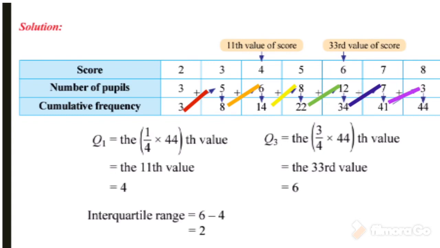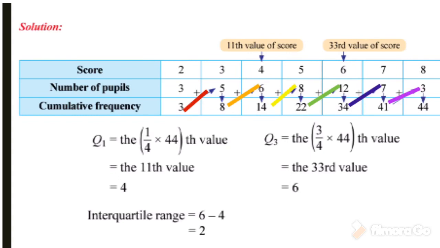Until the 8th, the score is 3. From the 9th onwards, 9, 10, 11, 12, 13, 14 have score 4. That means the 11th has score 4.